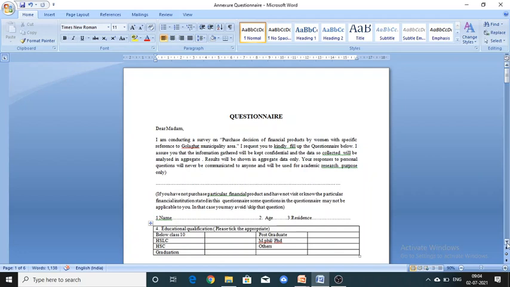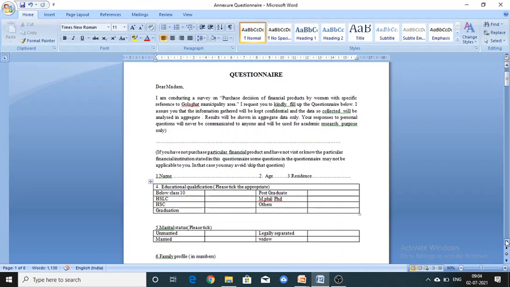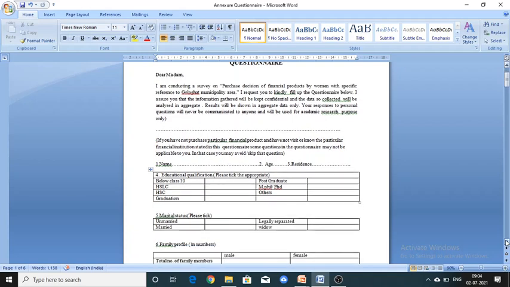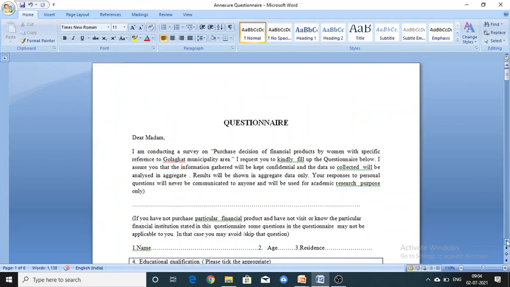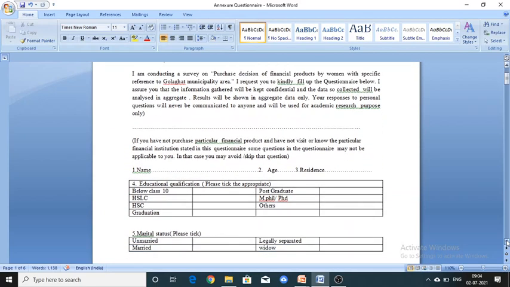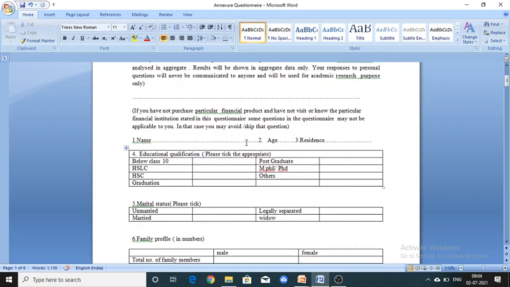The questionnaire is the tool of primary data collection, and here you see various questions or variables included in the questionnaire. Name is identification information. Then age and residence are classification information. We have discussed this in questionnaire designing.